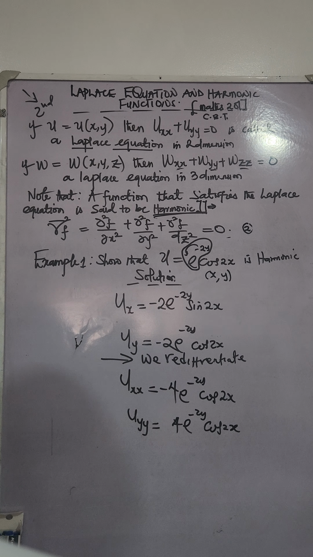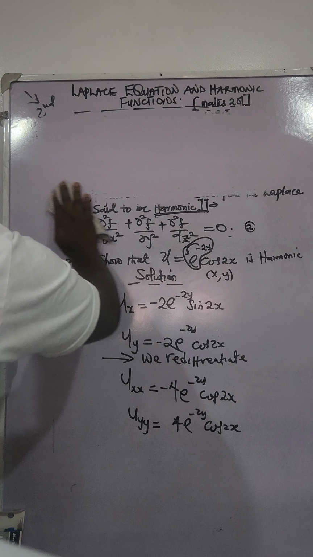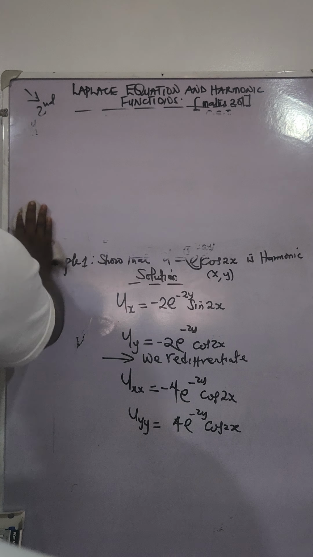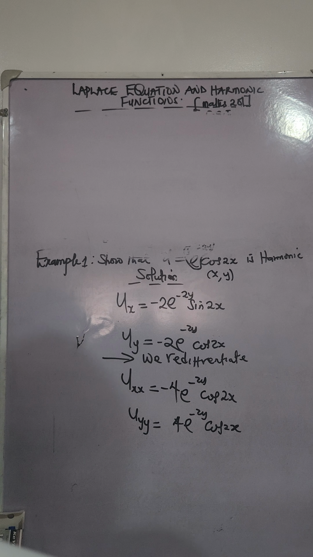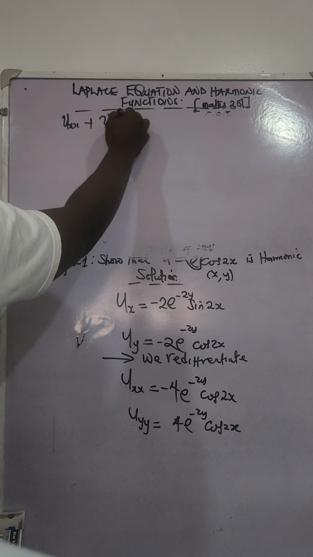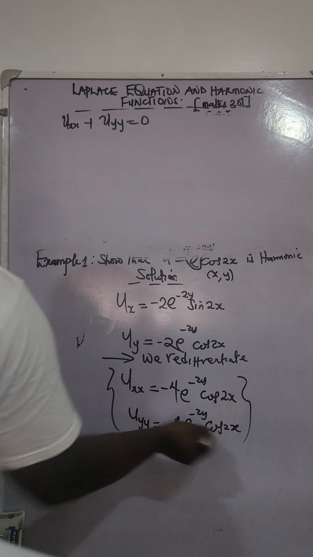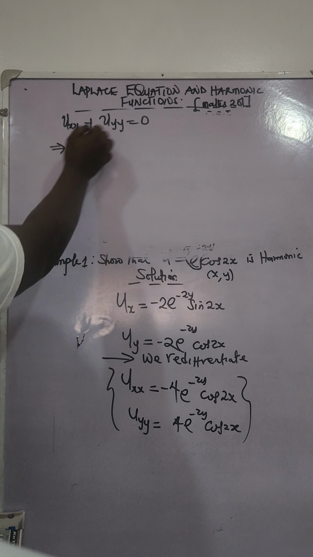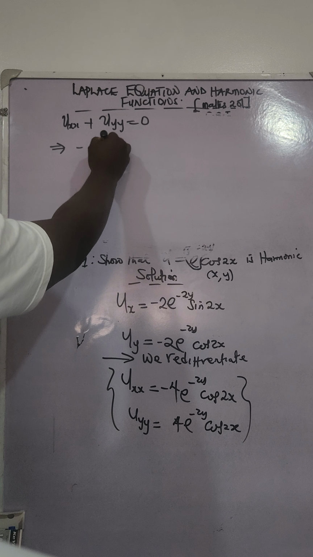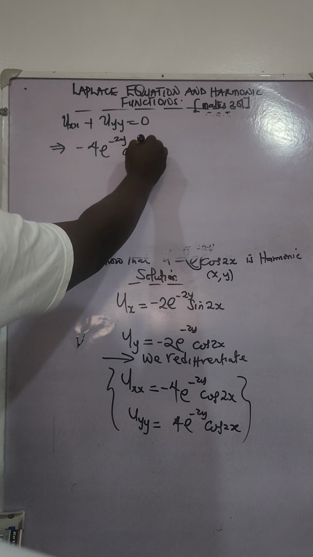Now, having said all of these things, let's clean this part quickly. We said u_xx added to u_yy must be equal to 0. Is that true in this case? Is that a true statement? Let's check. We have minus 4 e to the power of minus 2y cos 2x.